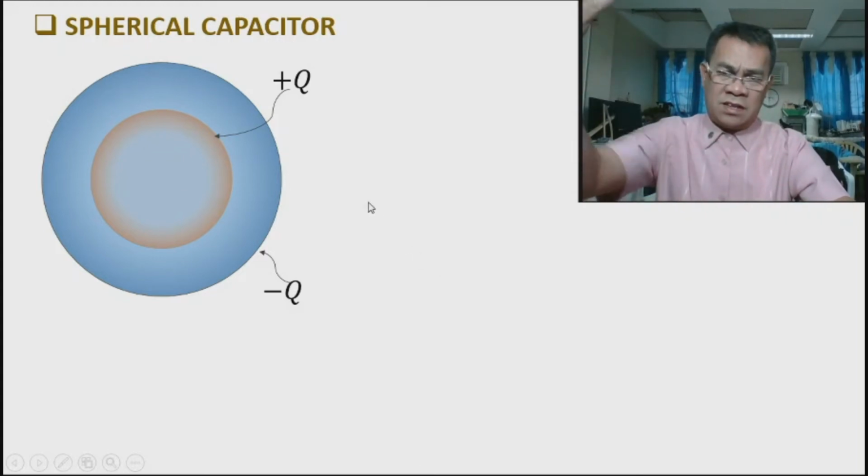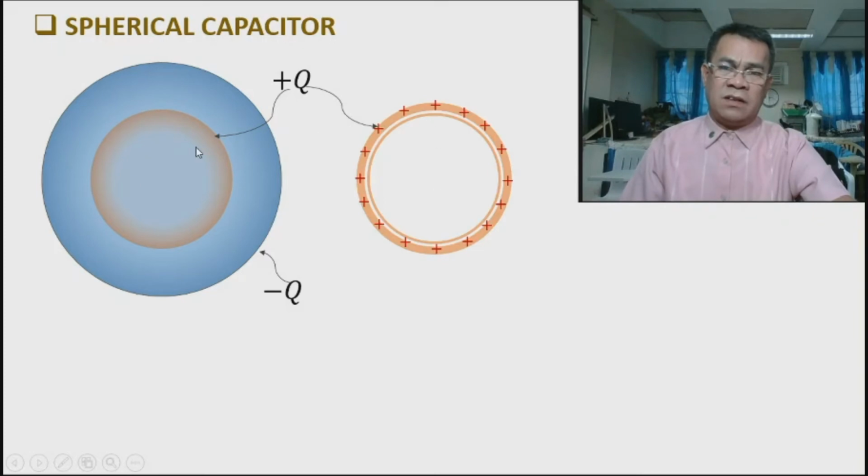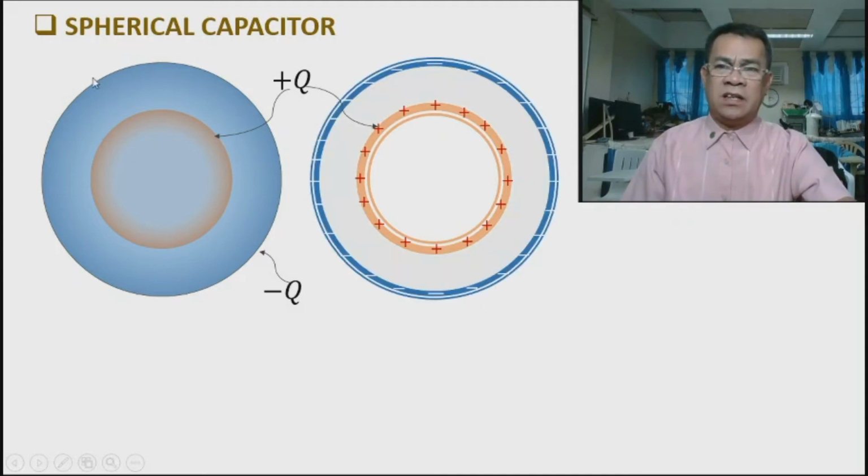If you cut this one, this is the hollow part, and at the surface it is positively charged. Then the negatively charged one is the outer spherical part. This will be the cross-sectional appearance of that. So this is a hollow part. Then we can provide the dielectric between these two, but this one is a hollow space.